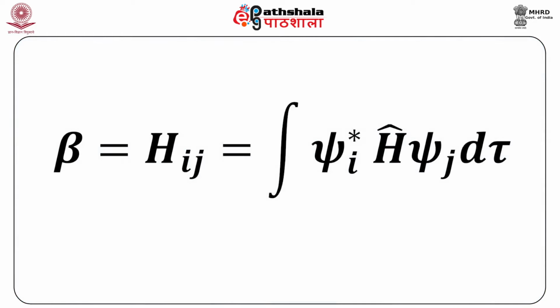Secondly, all resonance integrals beta, which are related to carbon atoms that are directly linked, are taken to be the same. That means H_ij, the resonance integral, which is the integral of psi_i star h cap psi_j d tau, is taken to be equal to beta.